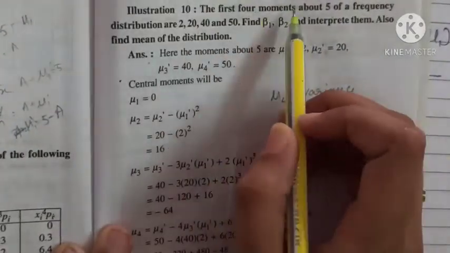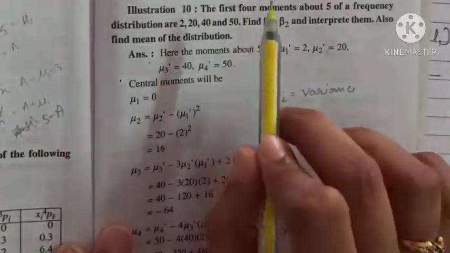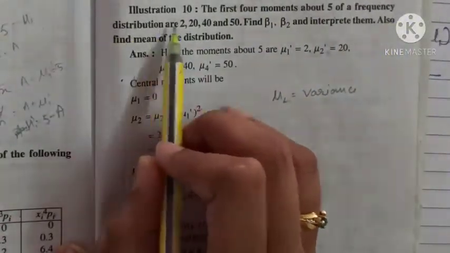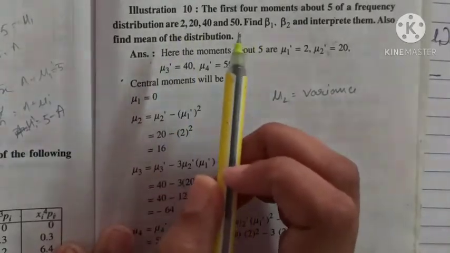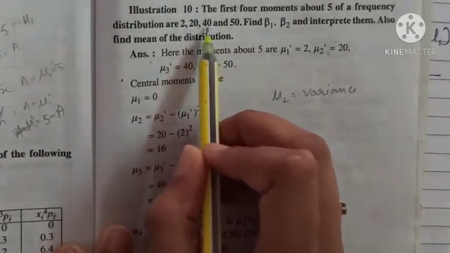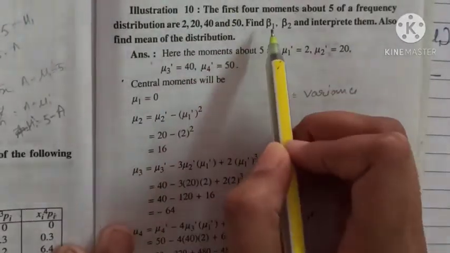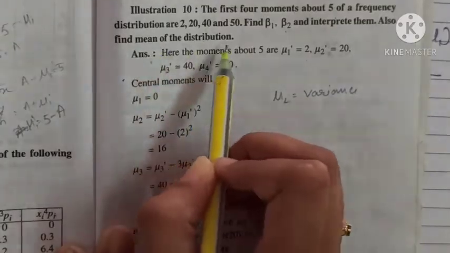Now let's see illustration number 10. The first four moments about 5, that means raw moments of the frequency distribution, are given. Mu 1 dash is 2, mu 2 dash is 20, mu 3 dash is 40 and mu 4 dash is 50. We have to find beta 1 and beta 2 and also the mean of the distribution.